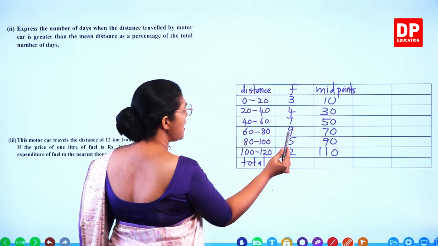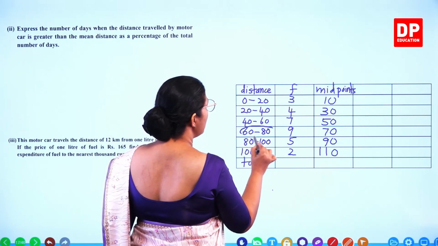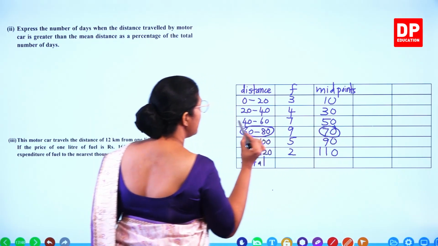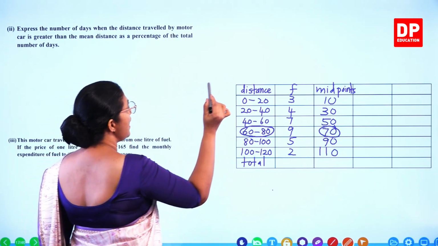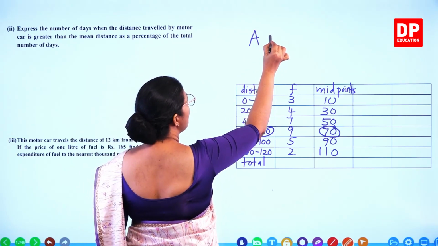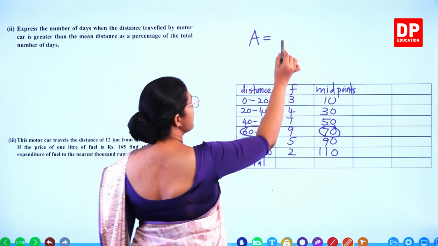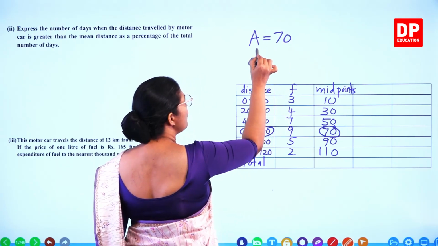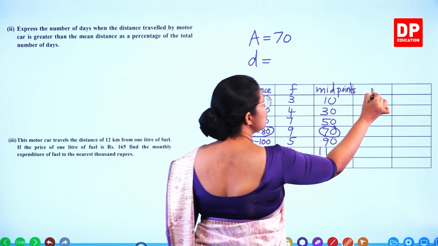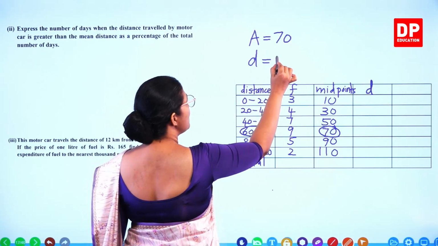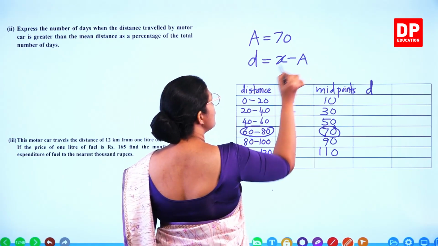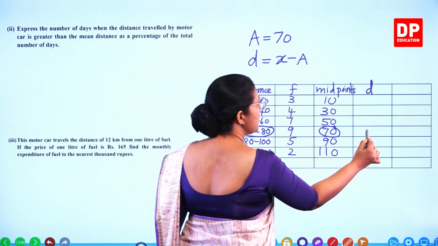Now we can take the assumed mean as the mid value of this interval, 70. So I'll write down A as 70. Then how do you find the deviation? Deviation is the difference between the x value and the assumed mean. So this becomes 0.